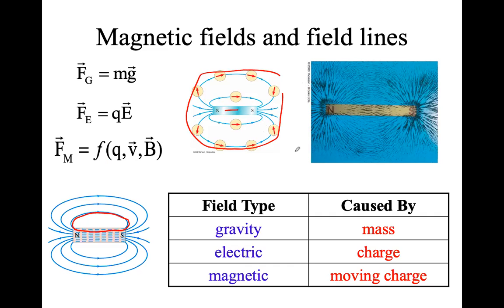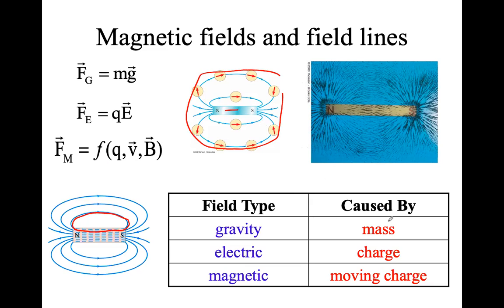All right, a couple of things that we should recognize. I'm putting together big picture stuff that we've talked about through the semester. We started off talking about gravity and gravitational fields, and hopefully you recognize that gravitational fields are caused by masses.